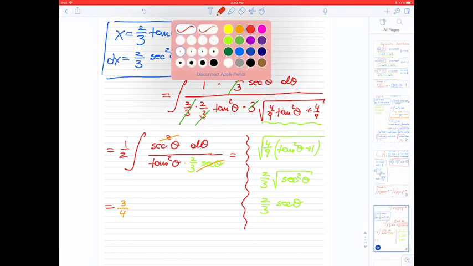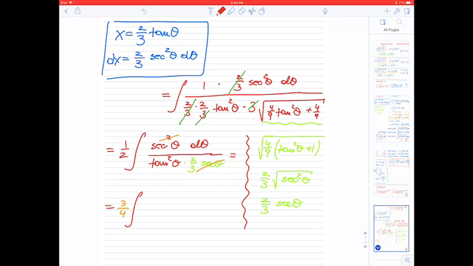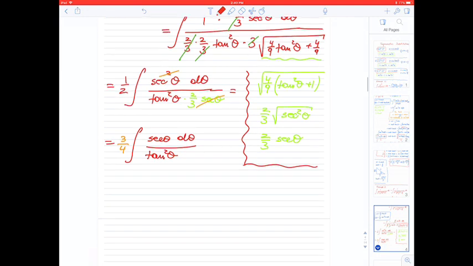Oh, I can change my color. 3 over 4, and then we do have secant theta d theta over tangent square theta. Am I right? Secant and tangent square. Okay, we end up again with a trigonometric integral.